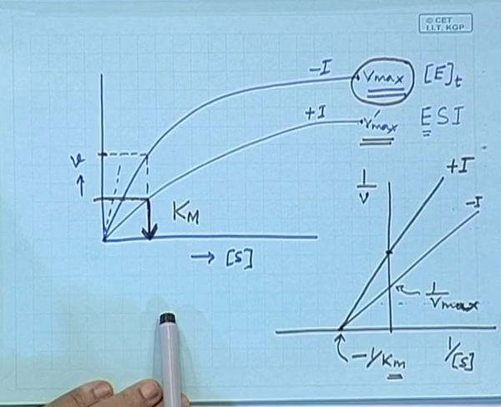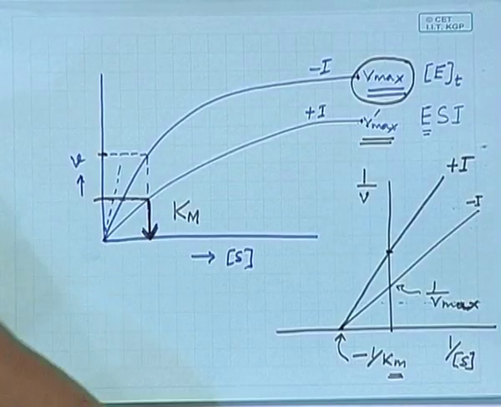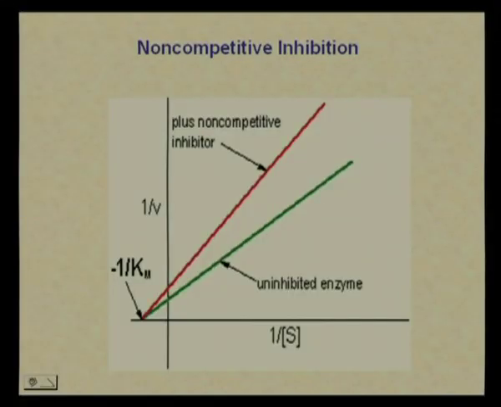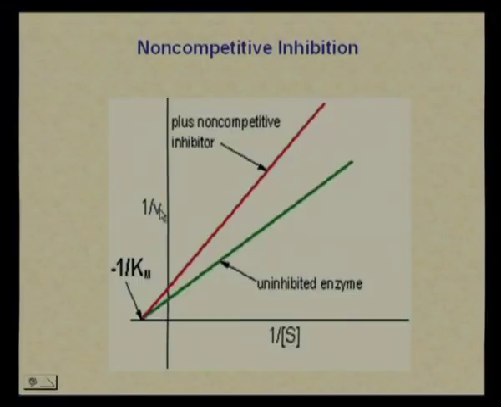For non-competitive inhibition, I have the Km the same, the Vmax different. Why are the lines of the inhibitor always above the uninhibited enzyme? Because the reaction velocity is always slower in the presence of an inhibitor. So, when I am plotting the 1 by V, it has to be higher.